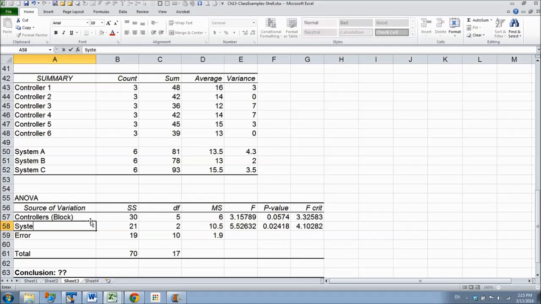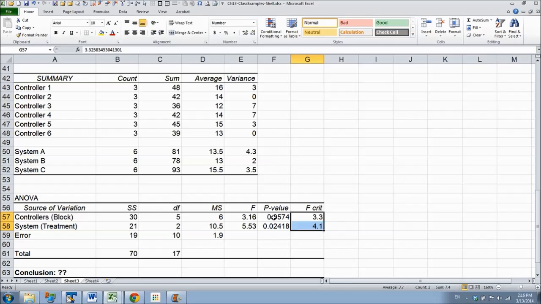That's our treatment. And here are the p-values. For block we don't need the p-value. We are not going to be testing for the block. We need the p-value only for treatment.